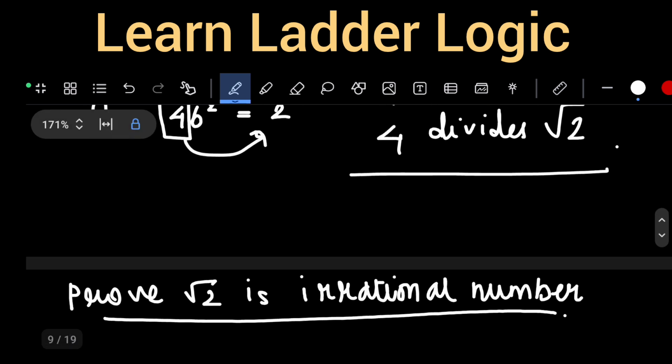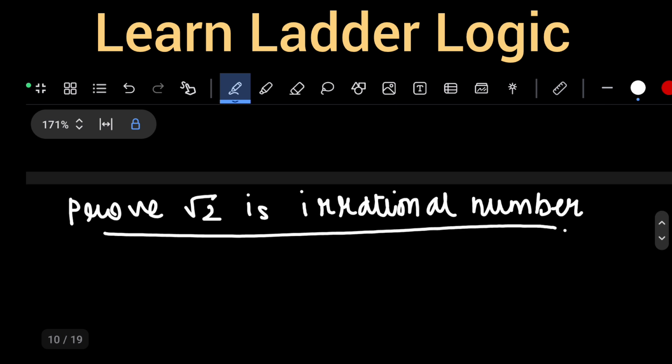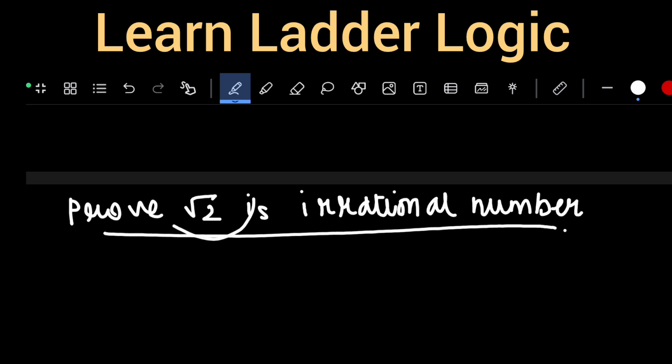The topic which is just you have to mug up. You have to prove that root 2 is an irrational number. How will you prove that?